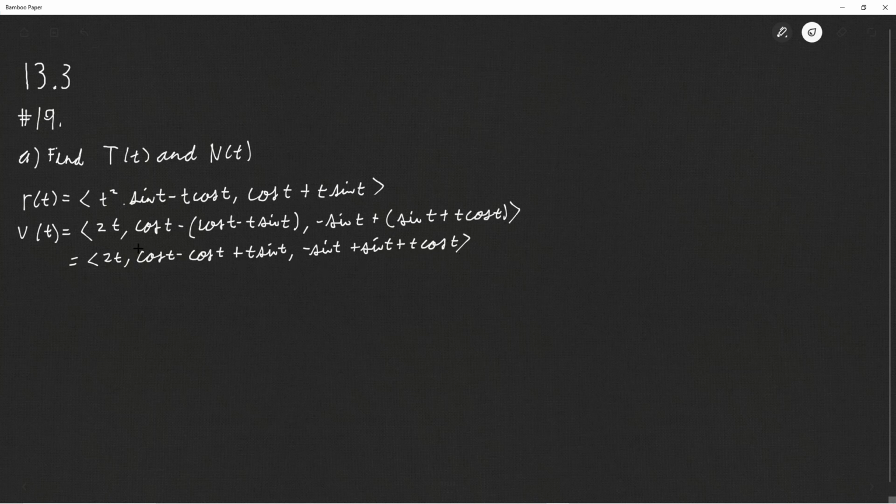And if you notice, our cosine and negative cosine cancel, and same with our sine, which just gives us 2t, t sine of t and t cosine of t.